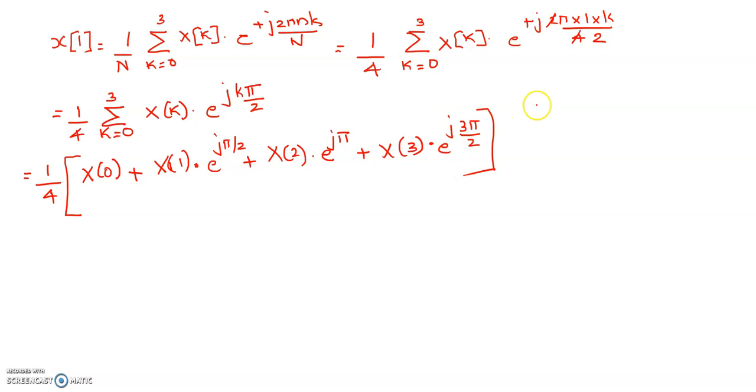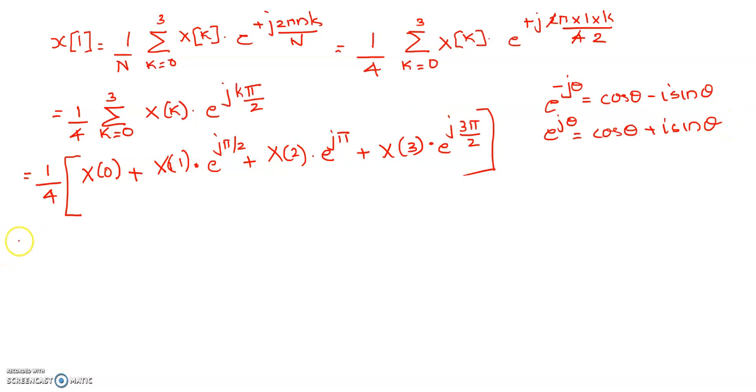To solve this particular thing, we need to apply a concept that we had learned earlier. We learned in the previous session that e raised to minus j theta is cos theta minus j sin theta, and here we have to apply e raised to j theta, which will be equal to cos theta plus j sin theta.